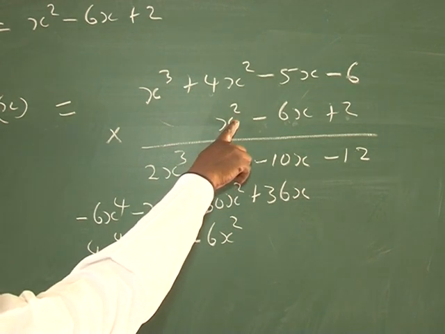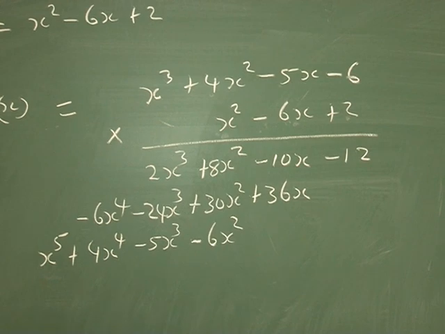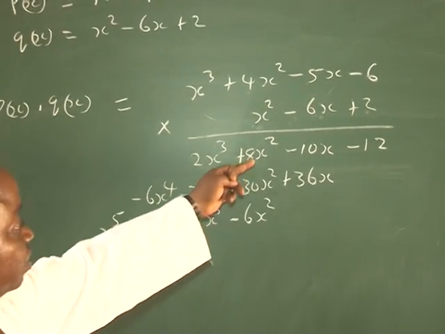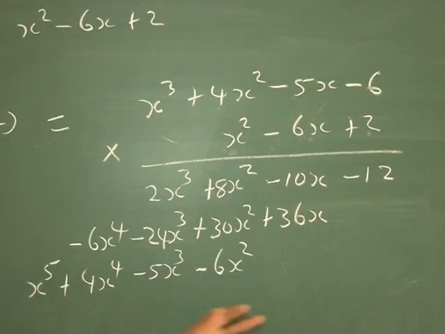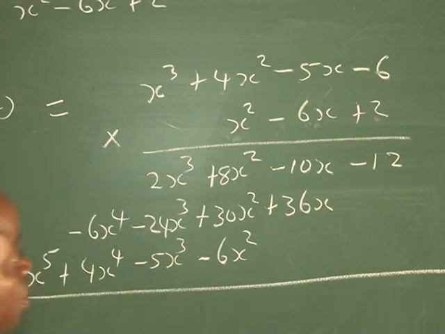X squared times x cubed will give us x raised to the power 5. Notice the arrangement that the powers are arranged in order so that the addition of the numbers will be easy.